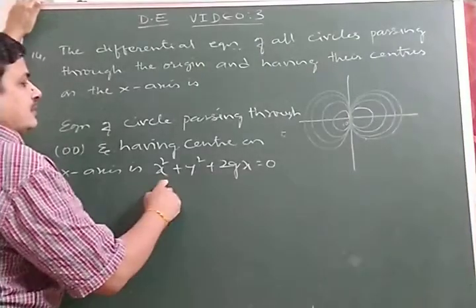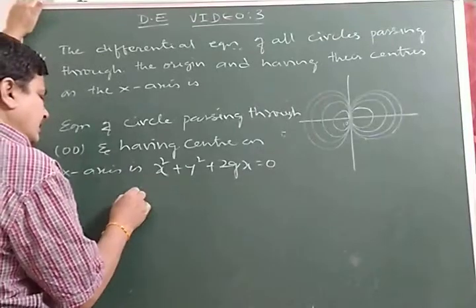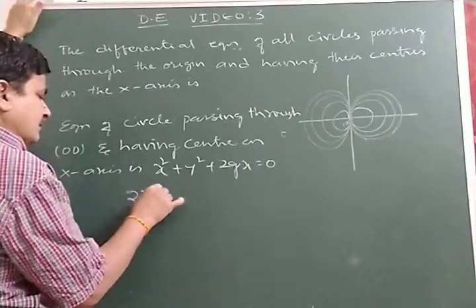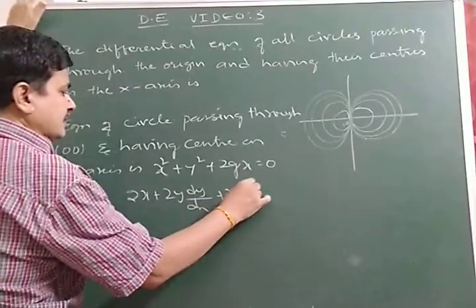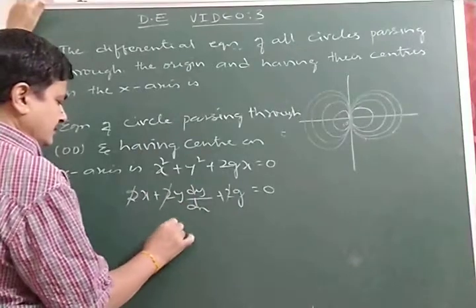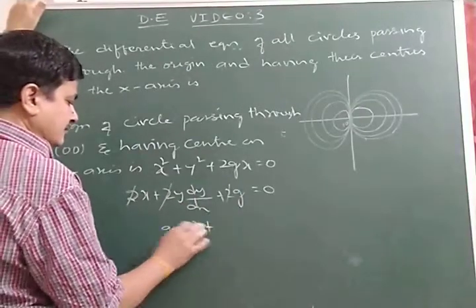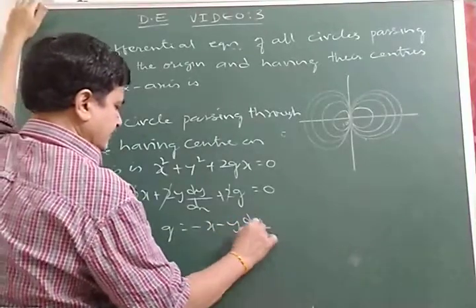Now applying the derivative on both sides with respect to x. The derivative of x² is 2x, plus 2y dy/dx, plus 2g = 0. Now 2 is cancelled. g = -x - y dy/dx.